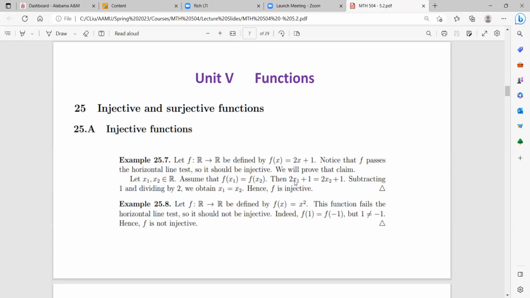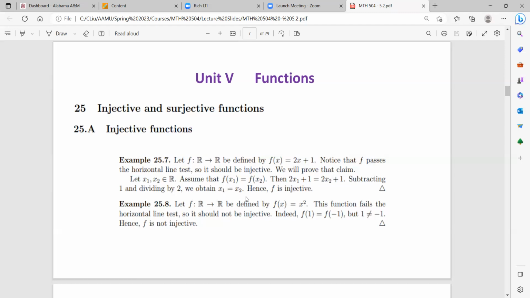And that's easy to do. f(x1) equal to f(x2) means 2x1 plus 1 equal to 2x2 plus 1. If you plug x1 and x2 into the formula, and then after subtracting 1 and dividing by 2, you end up with x1 equal to x2. So that means f is injective. Pretty straightforward.